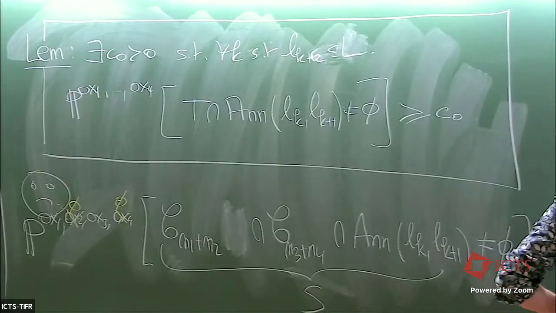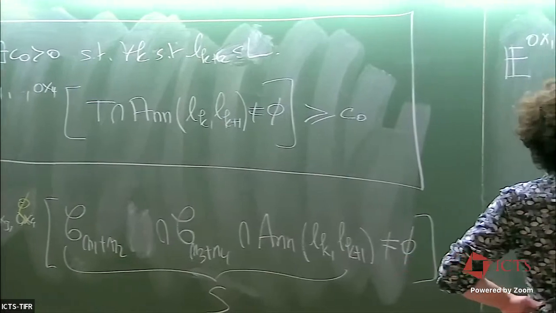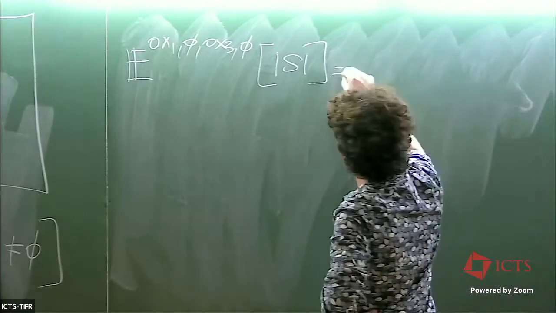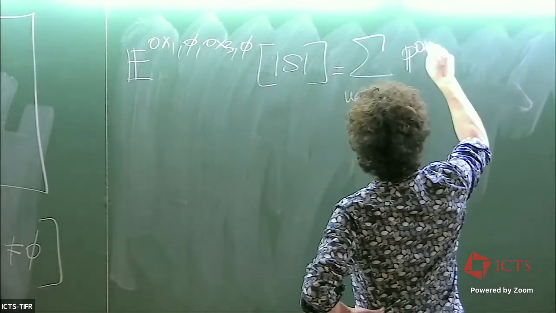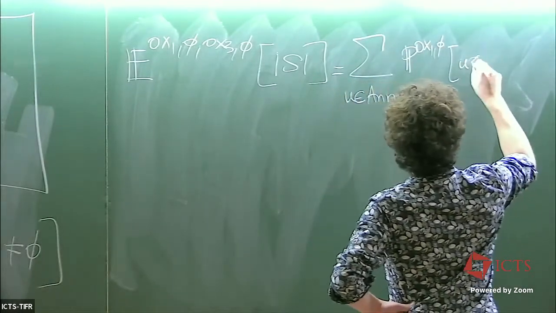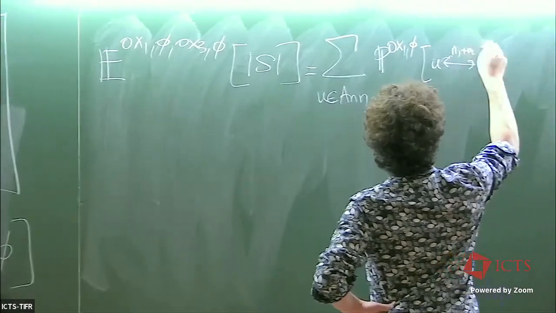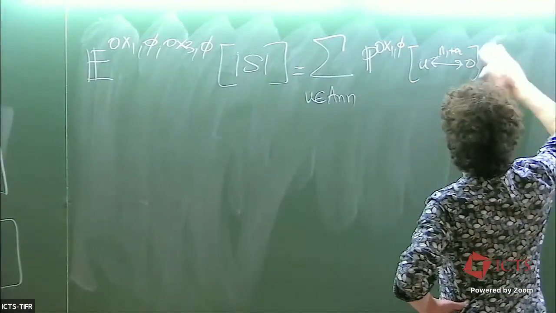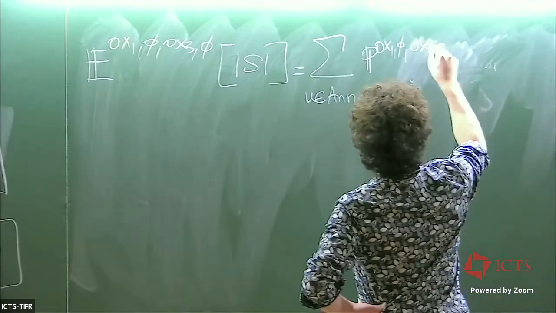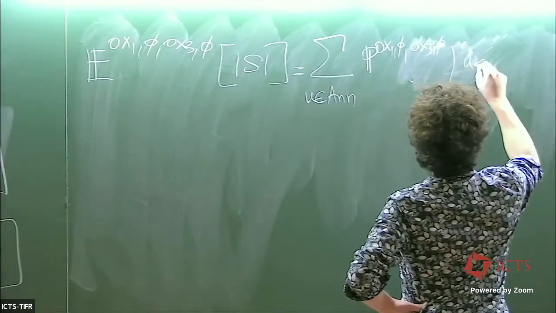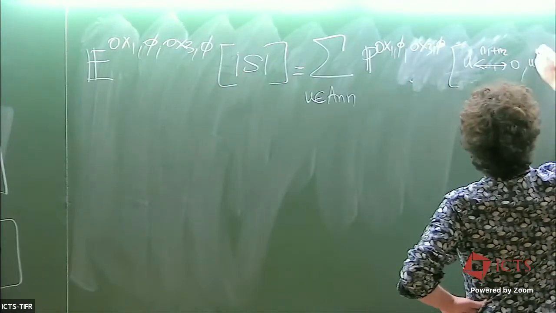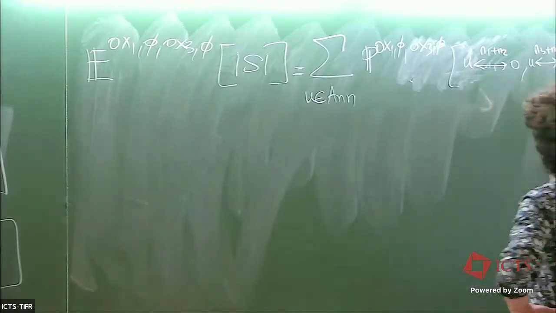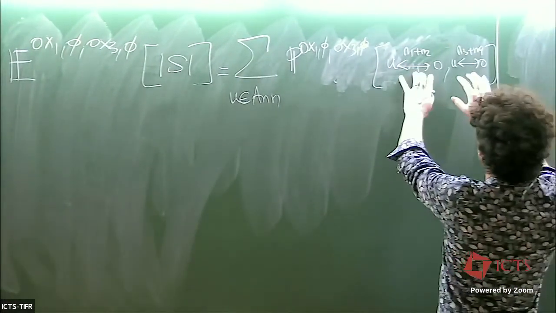0x1 empty set, 0x3 empty set of the cardinality of S. And there, notice that this is the sum for U in the annulus of the probability, with sources 0x1 and empty set, that U is connected to 0 in N1 plus N2, times probability, or let me actually put them together, with sources 0x3 and empty set, that U is connected to 0 in N1 plus N2 and U is connected to 0 in N3 plus N4. And the advantage here is that these two events are independent.